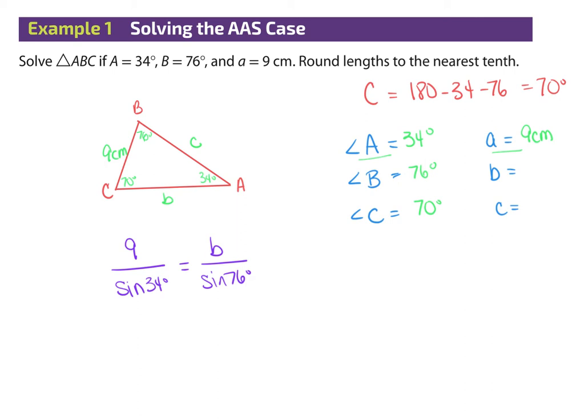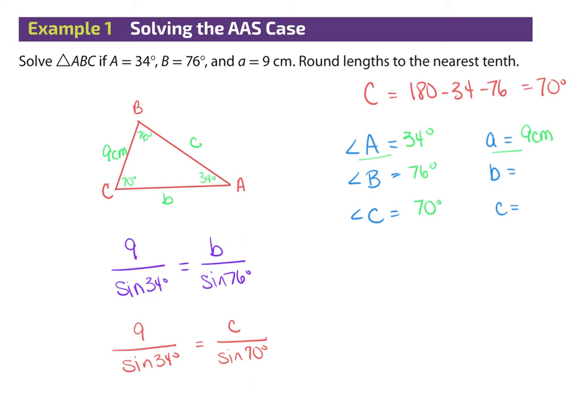I'm going to set up the same exact thing to solve for C. I'm going to say side A over the sine of A will also equal the side C over the sine of C. And then I'm just going to multiply and solve, right?